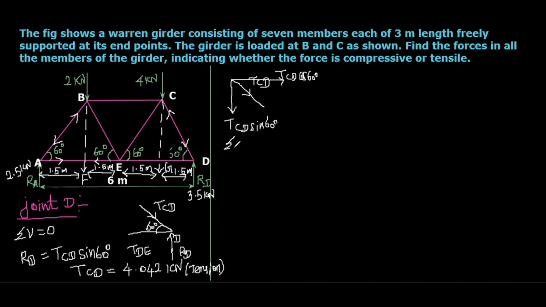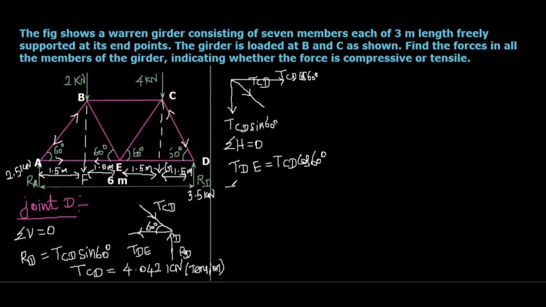Now summation of horizontal forces equal to 0. Here you can see when this TCD is acting in fourth quadrant, the horizontal component TCD cos 60 that will act towards right side. So this right side force will be balanced by the left side force TDE. So the TDE that equal to TCD cos 60 degree. Here the TCD value we calculated already, that is 4.042 kilonewton.